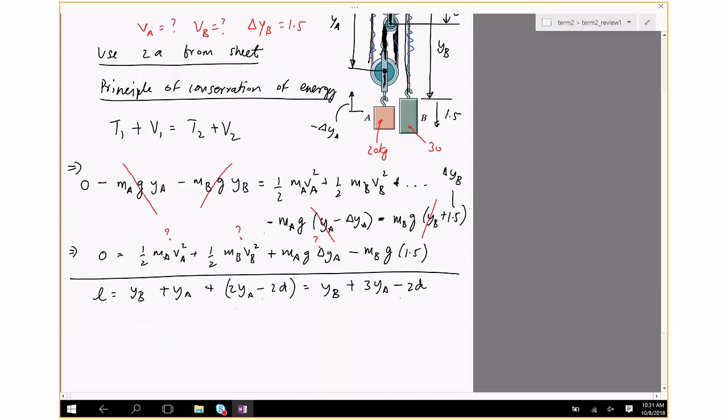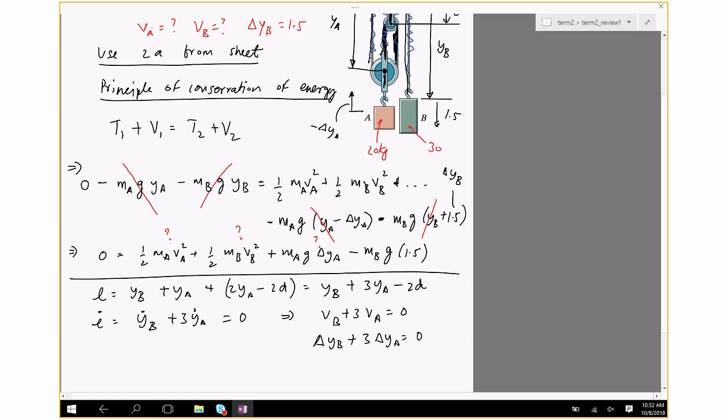And so when I differentiate with respect to time, I get L dot equals y_B dot plus 3 y_A dot equals 0. This can be written in 2 ways. One is v_B plus 3 v_A equals 0, because the rate of change of y with respect to time is the velocity, and same for A. And I can also write this as delta y_B plus 3 delta y_A equals 0.